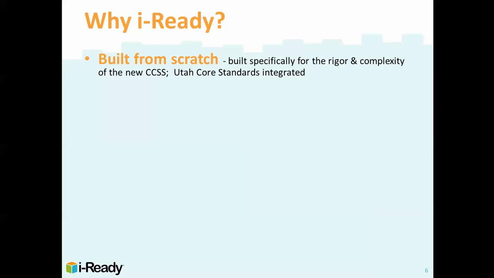Everything about the program was built specifically to address the rigors and complexity of the new Common Core, how these skills need to be taught, the fact that some skills have jumped from 5th grade down to 3rd grade, the fact that we're asking our students to do a lot more, a lot harder, to think more deeply. Those are important concepts that you can't address by manipulating correlations, and that's a key differentiator for AIReady.